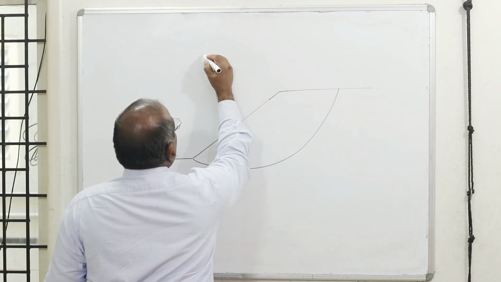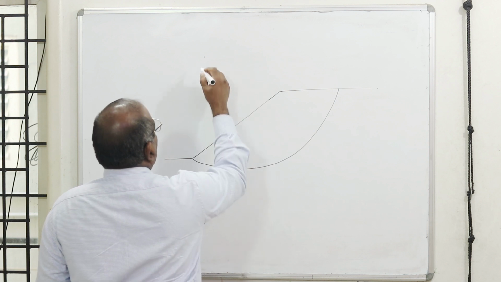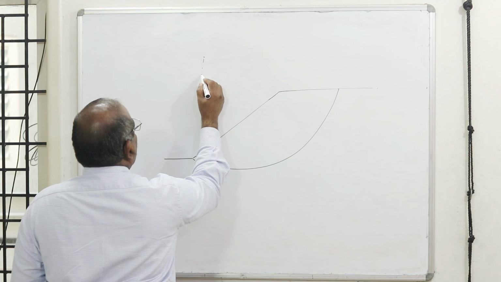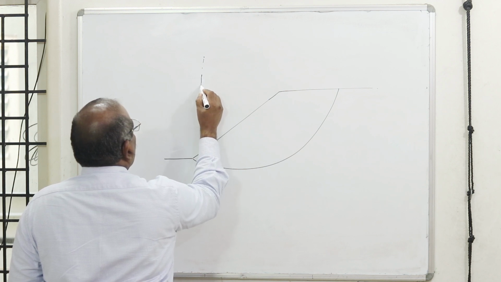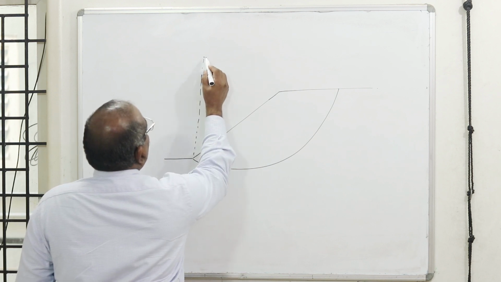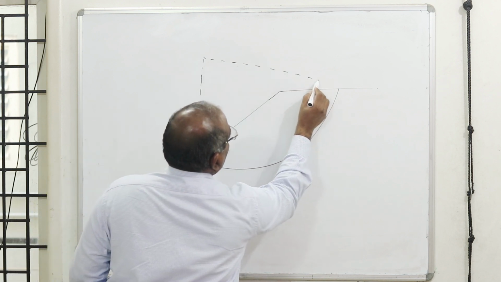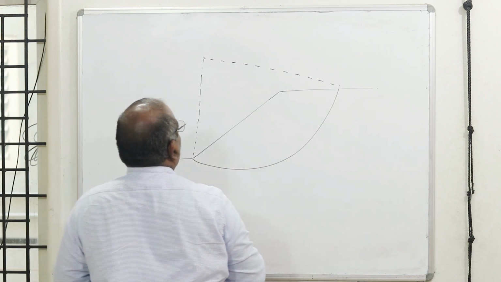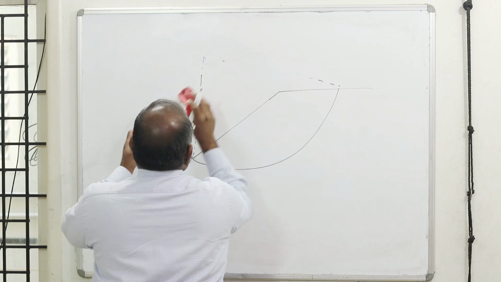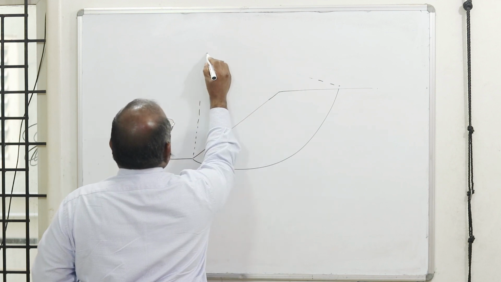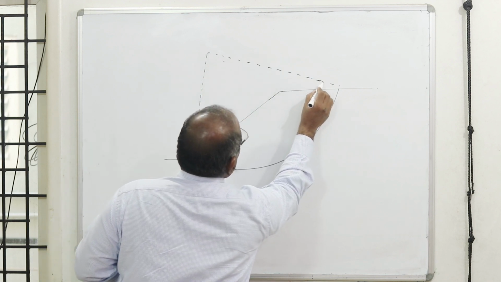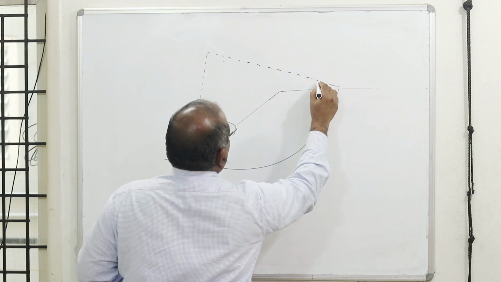Let us say this is the slip center. Now let me draw a line joining the center. We need to understand how this friction circle method develops.